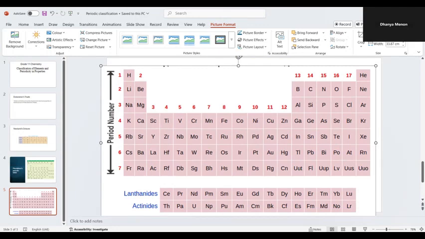Now this was the long form of the periodic table. Many more elements are being discovered.